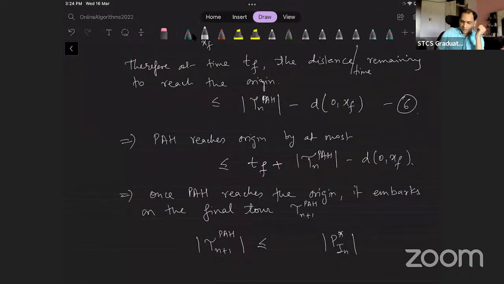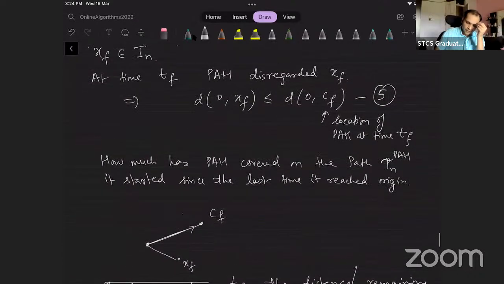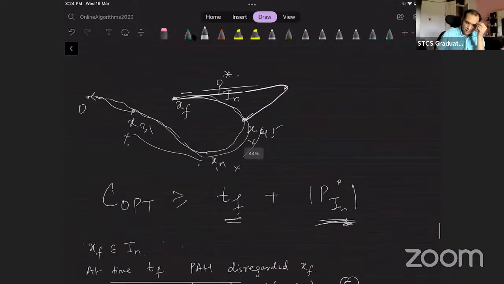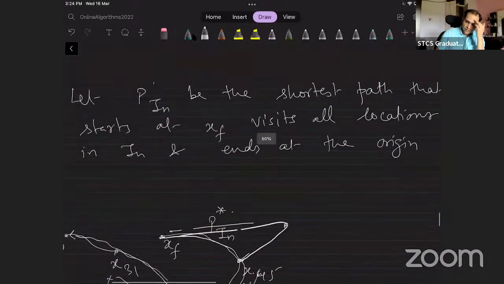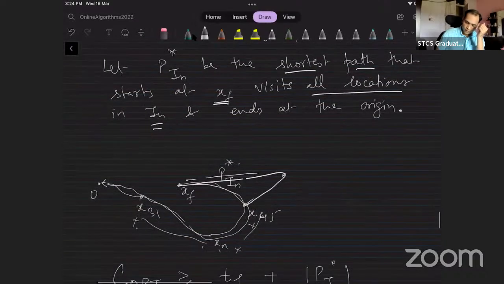See, when defining PIN star, the distance from origin to XF. Just to recollect, what was PIN star? PIN star is the shortest path that starts at XF, visits all locations in IN, and ends at the origin.